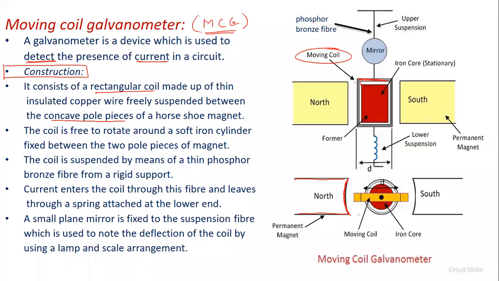The coil is free to rotate around the soft iron cylinder. You can see here, this is the soft iron cylinder, by means of a fiber of phosphor bronze. The coil is suspended using this fiber of phosphor bronze. The current enters the coil through the fiber and leaves through a spring attached at the lower end.